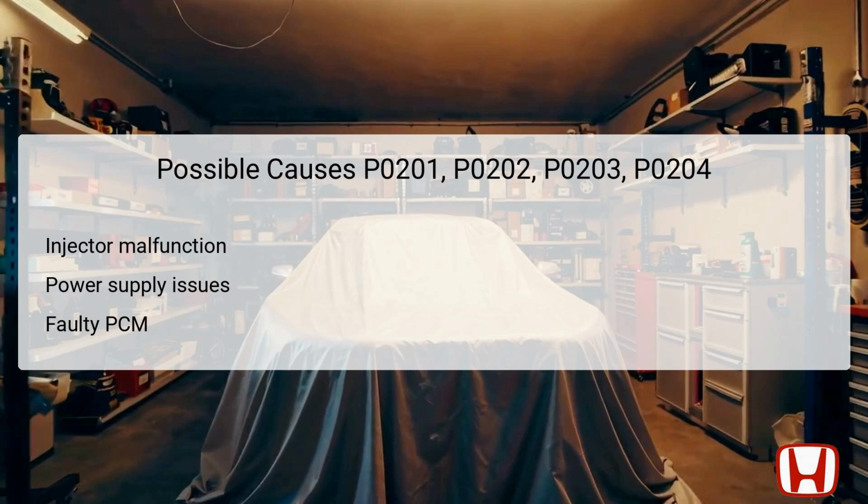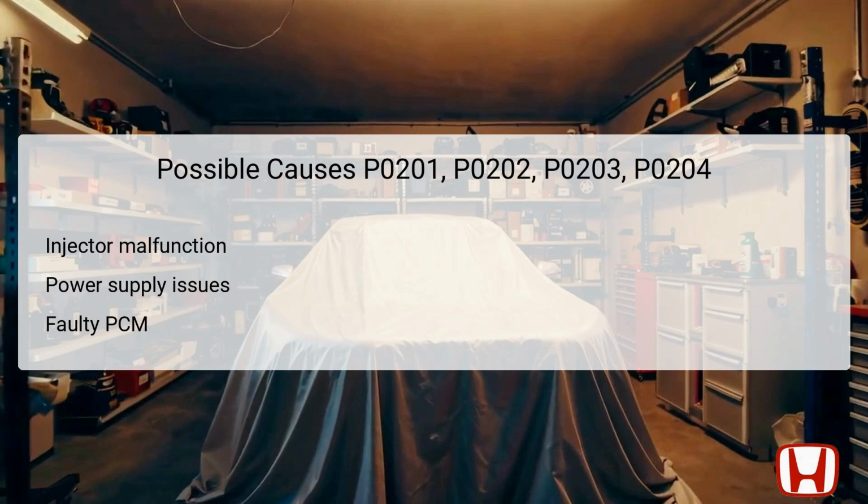The possible causes for DTCs P0201, P0202, P0203, and P0204 can vary, but typically include a malfunction in the injector itself, issues with the power supply to the injectors, or faults within the PCM. An injector may become stuck or experience internal shorts, disrupting its ability to correctly control fuel flow. Additionally, the power supply circuits, including the injector relay or the connections associated with the major relays, can fail, preventing the injectors from receiving the necessary voltage to perform correctly.